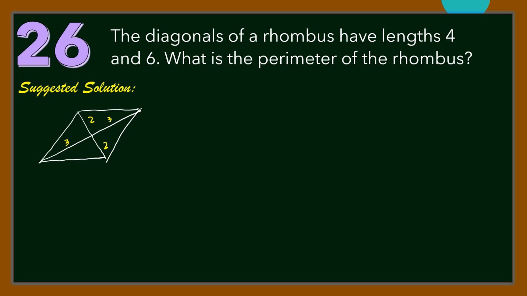Another information that we know is that the diagonals of a rhombus are perpendicular to each other. Now, let x be the length of one side of the rhombus. Since this is a right triangle, we have x is equal to the square root of 2 squared plus 3 squared.